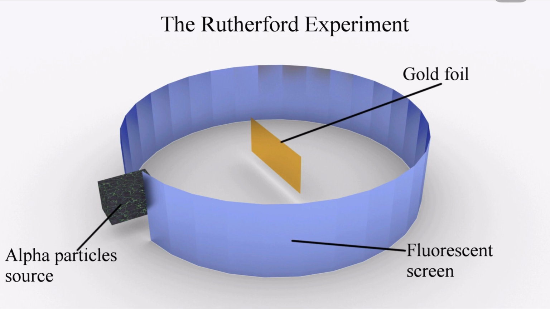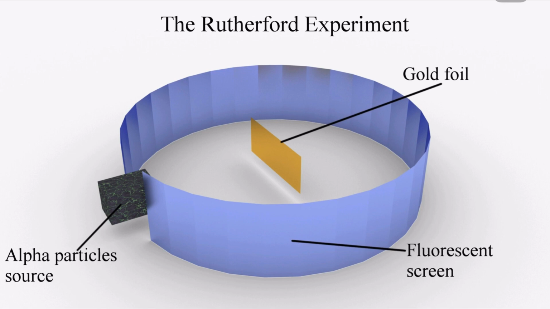We use lead because it is a good stopping material for all radioactive sources. I'm going to talk further about that when we talk about the 3 different kinds of radioactivity in much more detail.